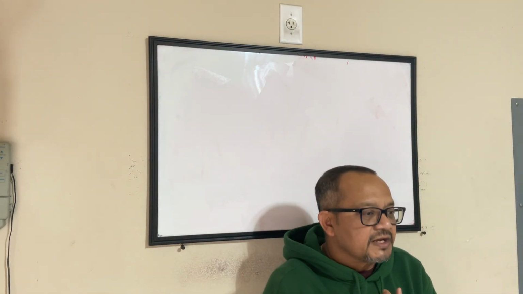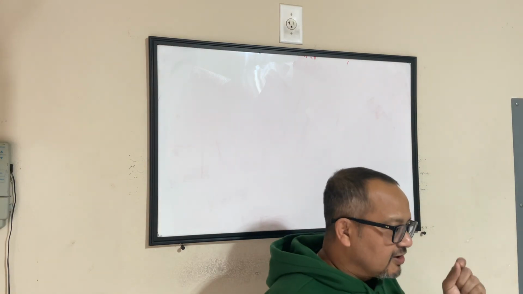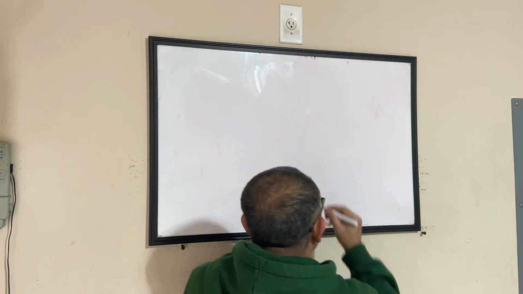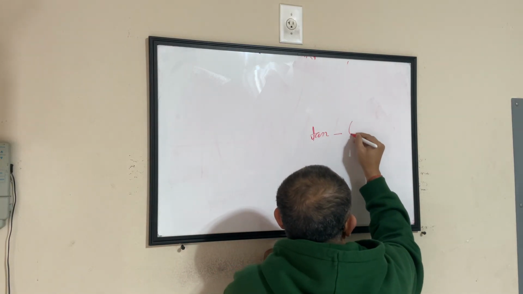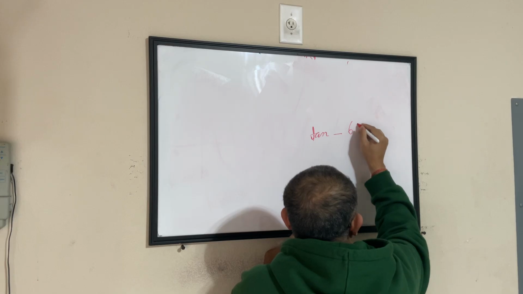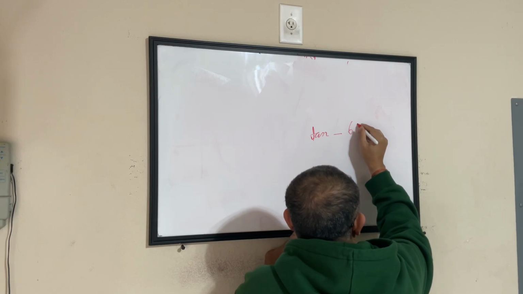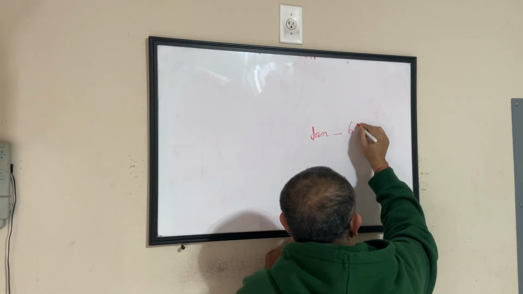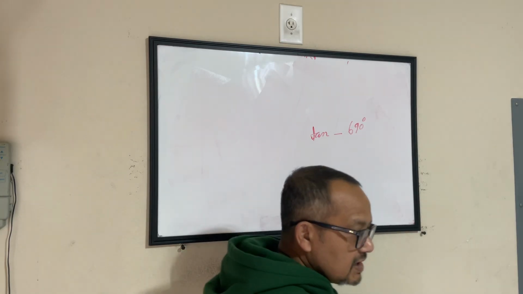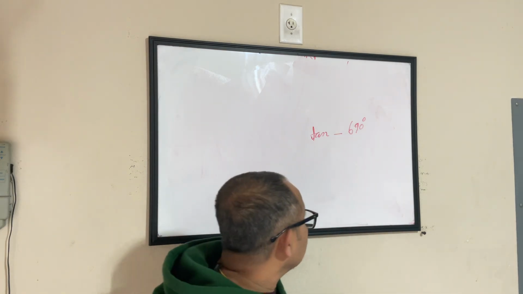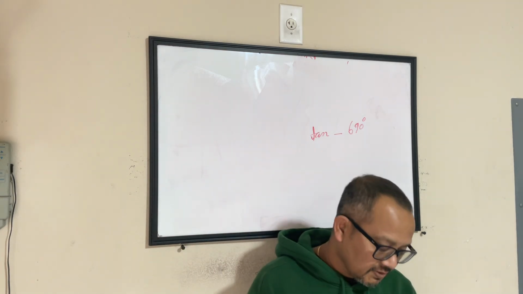Now, without having given you any information about things, if I just extend on the same topic and say, okay, find out the value of tan minus 690 degrees. I'm asking you to find the value of tan minus 690 degrees. Now what will you do?